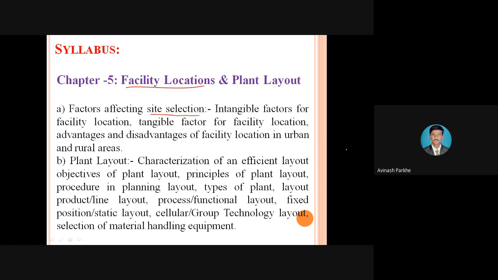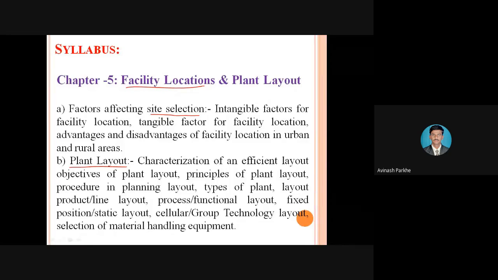And once we cover part number 1 related to the facility location, then we will move to part B, which is called plant layout. Because once your location is finalized, you have to start your organization, your industry. But while starting the construction of your new industry, which type of plant should be there? Whether it is in circular manner, whether it is in square manner, whether it is in a hump circle.